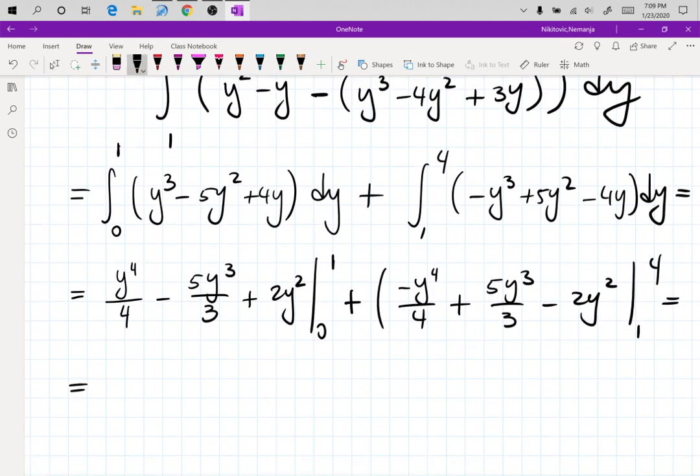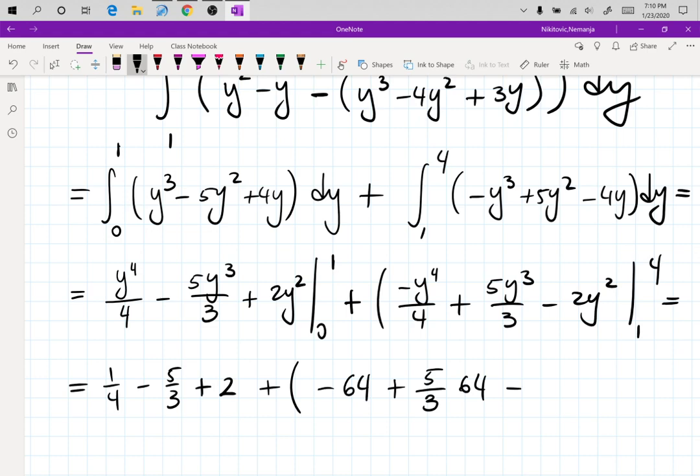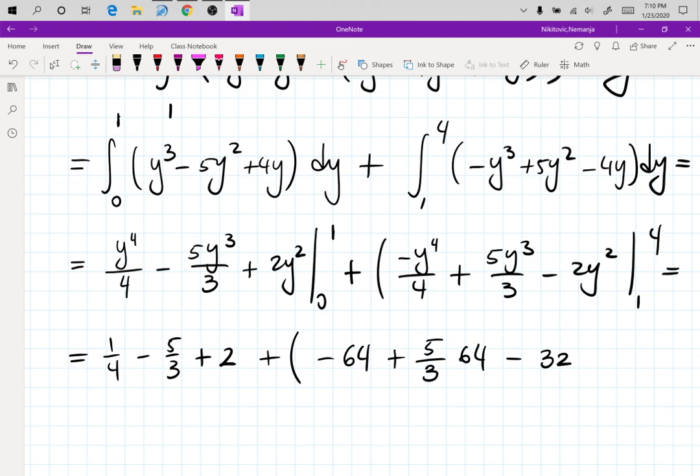Plug in 1. We get a quarter minus 5 thirds plus 2. Plug in 0, everything dies. Plus, open parenthesis. Plug in 4, that's 4 to the 4, but the 1/4 will cancel, so it's negative 64 plus 5/3 times 64 minus 32. So that's when you plug in 4, and then we are supposed to plug in 1.